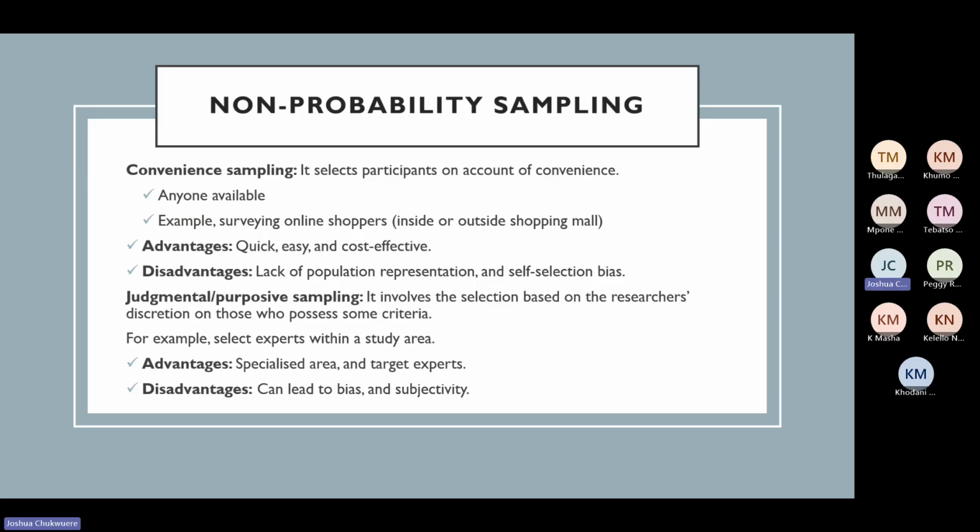Also, we have judgmental or purposive sampling. This involves selection based on the researcher's discretion, of those who possess some level of idea.